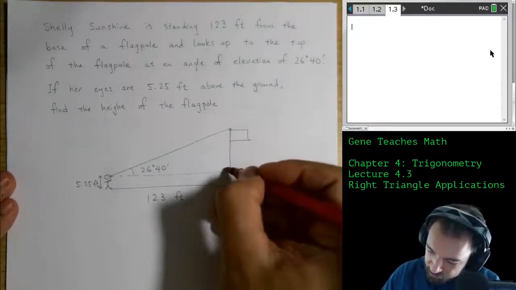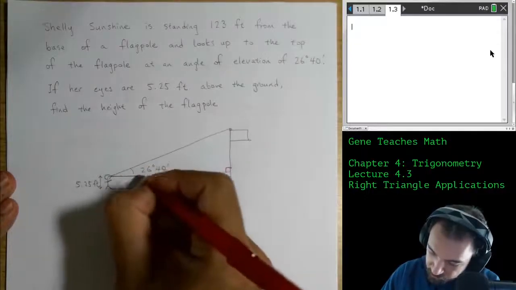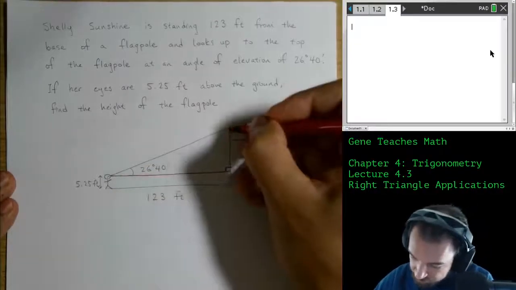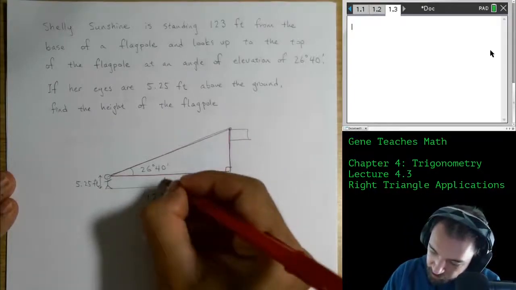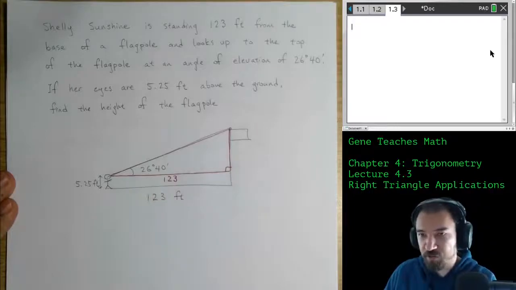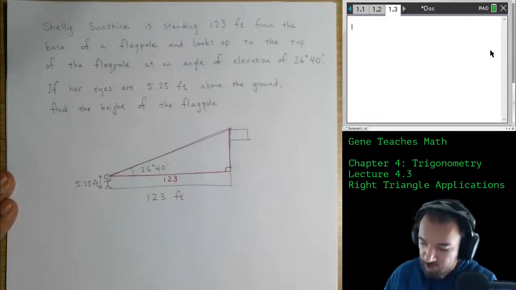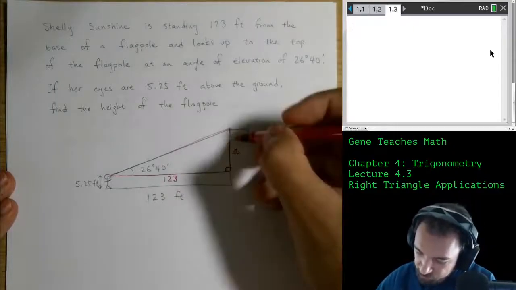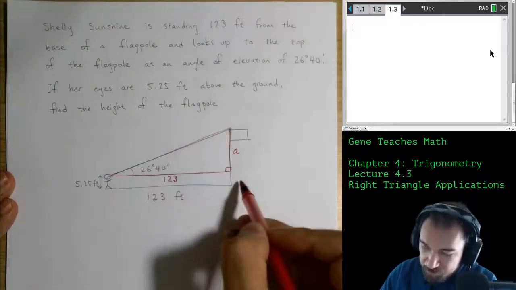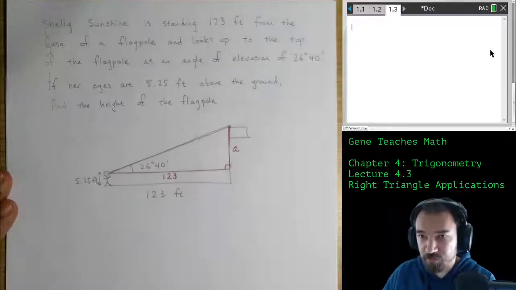So what we need to understand is there is a right triangle right in here, and we have that the base of this right triangle is 123 feet. So perhaps we will label this side A, and once we find this, we can add 5.25 to get the total height of the flagpole.